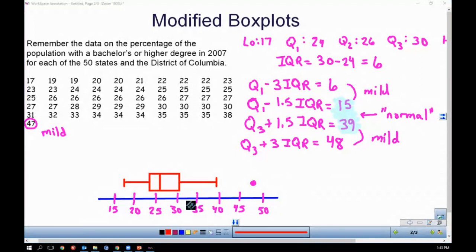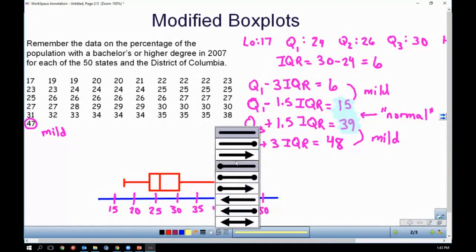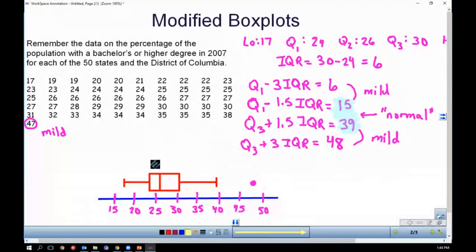What we would need to do is start at the median and go in each direction. Are we still on this last one we just did? I briefly talked about skewness and then we went back to it. Okay, I got you.